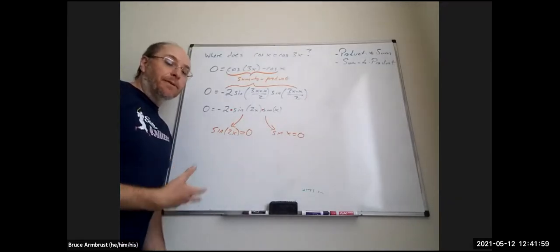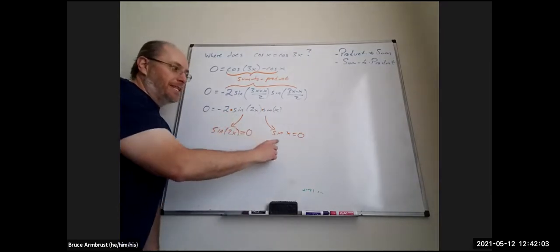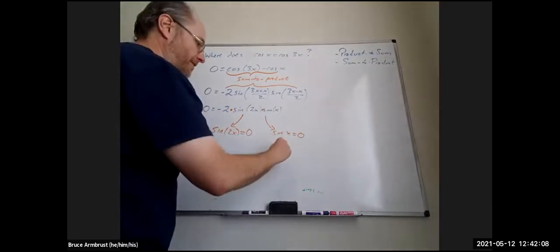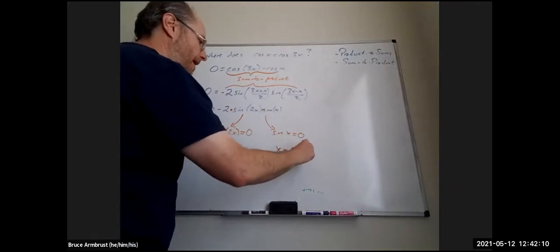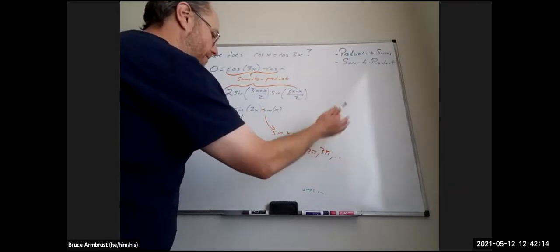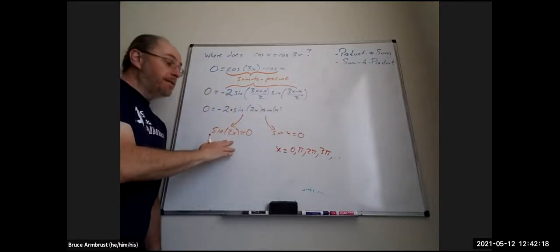So we're starting to be able to answer that question in a much easier manner, right? So like I said, this one's going to give us 0, pi, 2 pi, 3 pi, so on down the line. Well, you can do a similar thing with this guy.